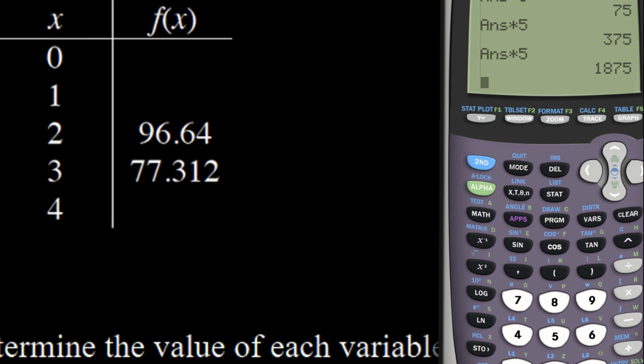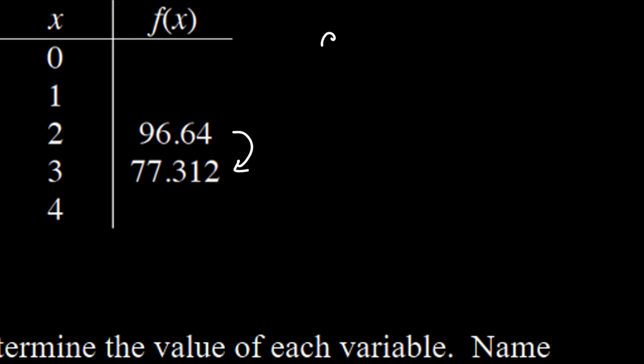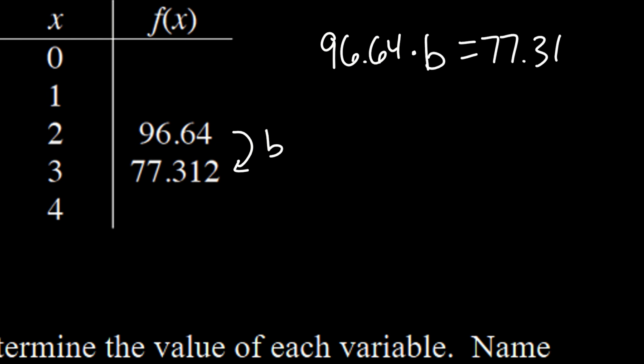Oh dear. Well, something that's nice, because these are next door neighbors, right? I can figure out what b is, because if I take the number 96.64 and I multiply by a b, just the one b, then I should get the number 77.312.